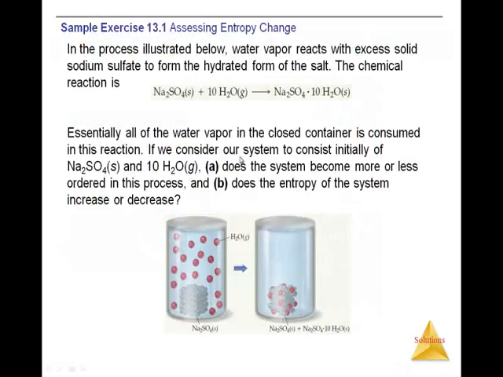So if we consider our system to consist of one crystal of sodium sulfate and 10 moles of water, does the system become more or less ordered in this process? Well, it's obvious that all these waters and the sodium sulfate come together into just one thing, so this is going to become more ordered. And if it becomes more ordered, then the entropy is going to decrease.